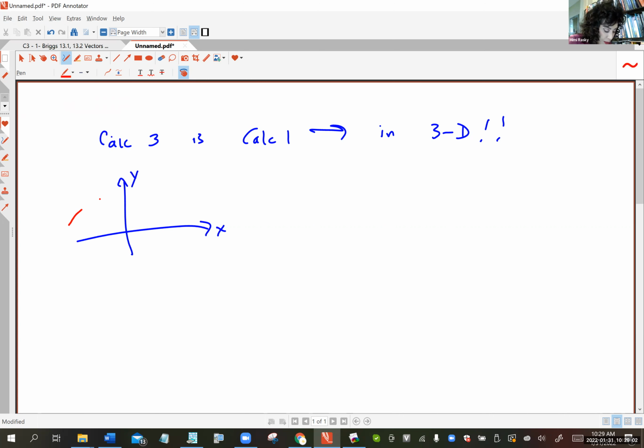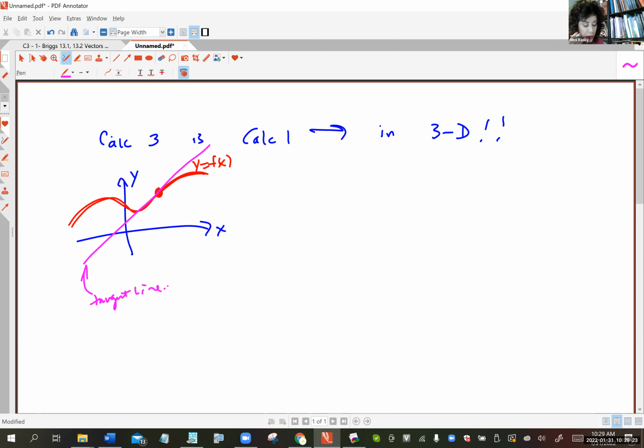One of the things that you learned in Calc 1, I'm hoping, is that if you had the graph of, say, y equals f of x here, and somebody said, hey, here's a point on the graph, I want you to give the equation of the tangent line to that graph. So there's the tangent line in pink.